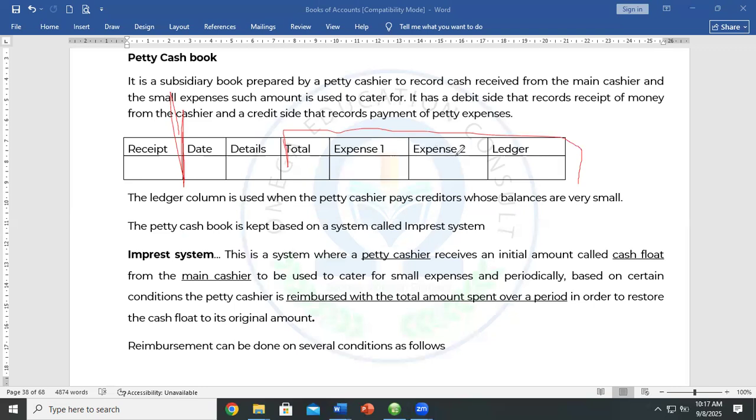Remember, we are spending on petty expenses like printing, stationery, postage, cleaning. Those expenses are what you have to open columns for. And then the last one is a ledger column. That ledger column is used when you are paying a creditor whose balance is very small. So it could be Kofi Ama, ACXY Limited, whatever. For them, you put them under the ledger column.